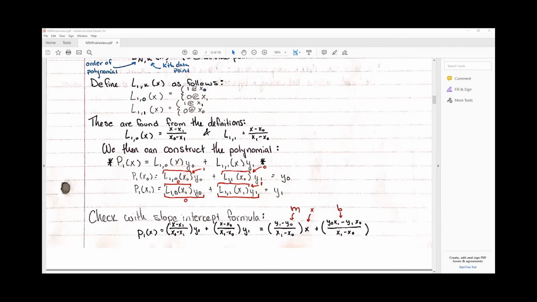So you plug everything back in, and you multiply whatever your interpolator is by the evaluation of your y at that data point of your interpolator. And then you'll be asked, what's the interpolation at x equals whatever, and that x is not going to be one of the x data points that you have. The definition of interpolating is that you're trying to estimate about what the value of that function would be at that point.